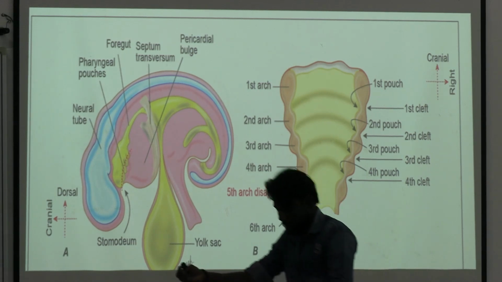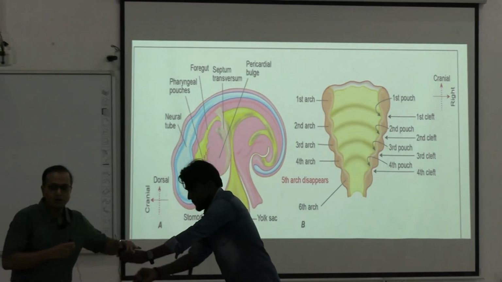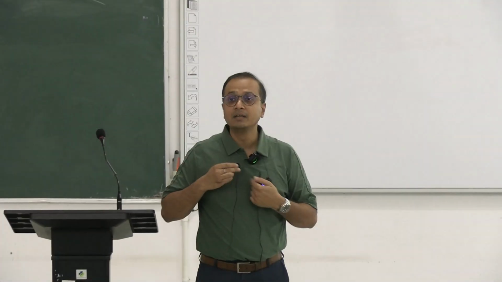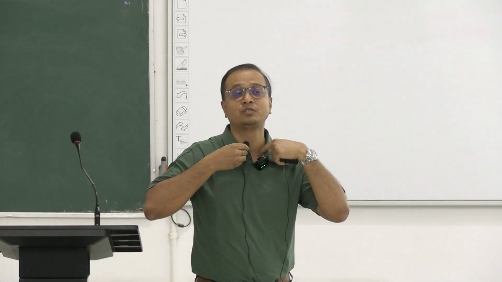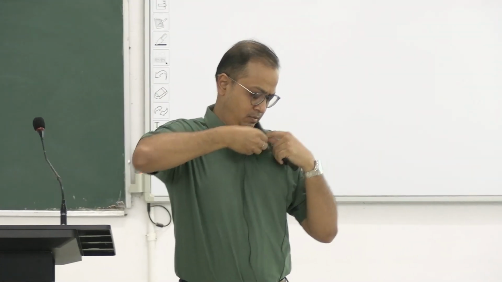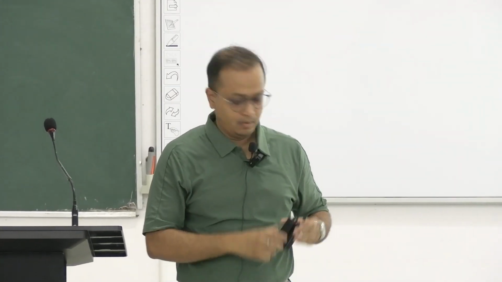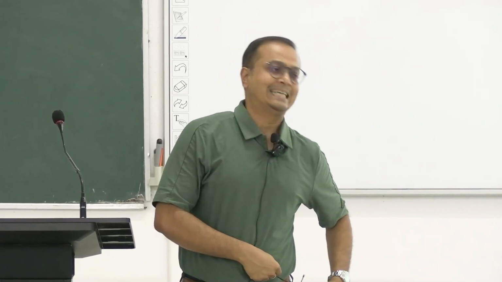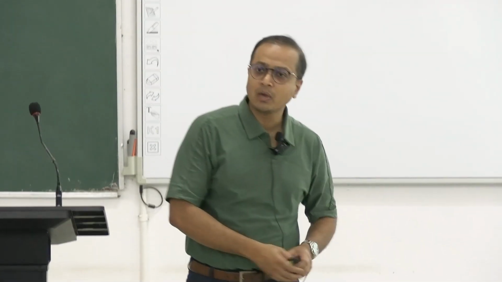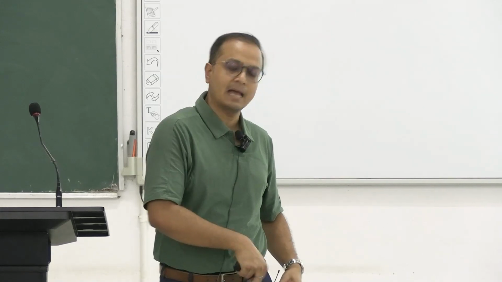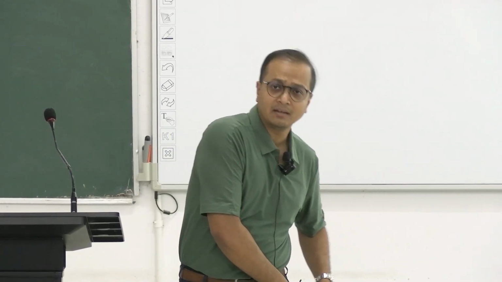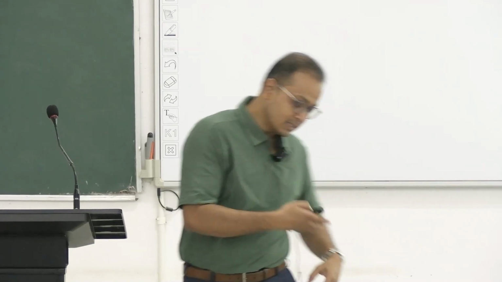So of these 6 arches, 1, 2, 3, 4, 5, the number 5 arch disappears. That leaves 5 arches, which develop the neck structure. And because we have 5 arches, we have 4 depressions on either side, one on the ectodermal side and one on the endodermal side.